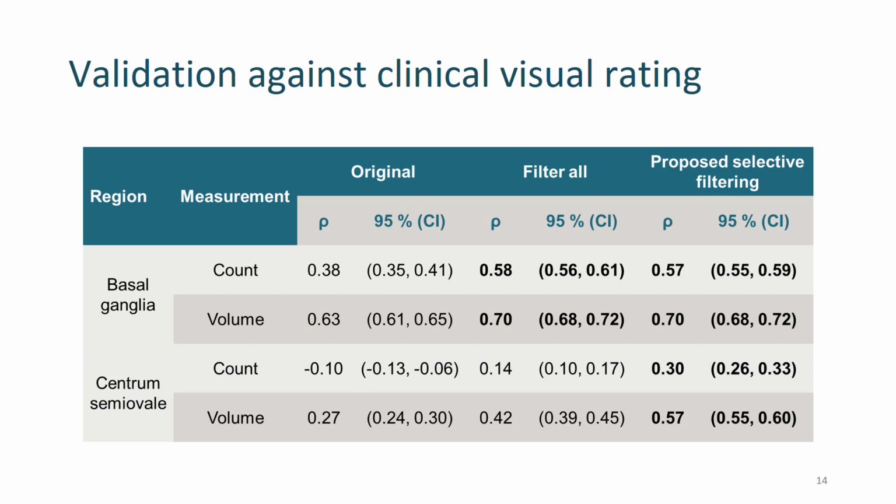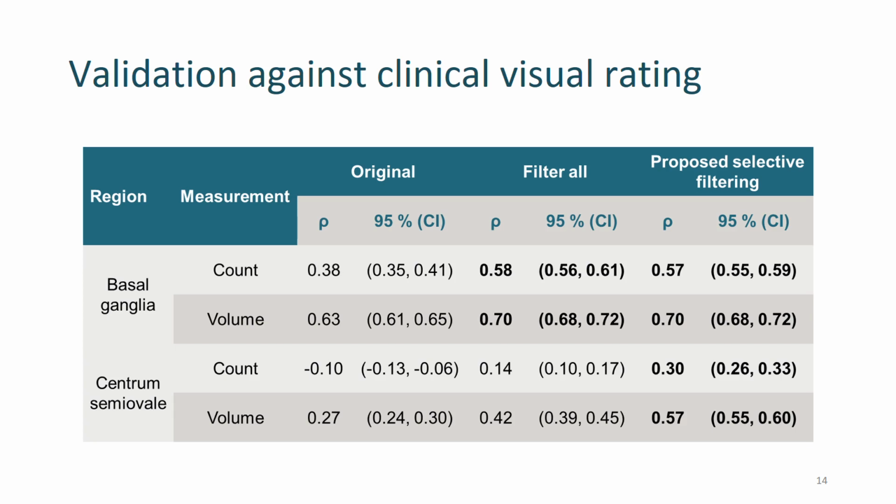After that, we used the polyserial correlation to examine the relationship between clinical visual scores and computational measurements. Computational measurements were extracted from the original scans, from all filtered scans, and using our proposal, which is a selective filtering.